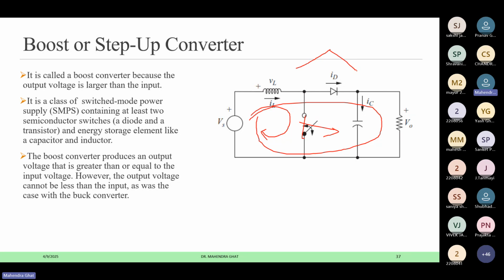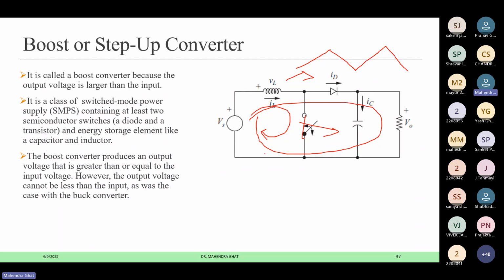Again at this instant, we switch on the switch and the current rises, then again it falls. In that way, here also you get a similar inductor current as in the previous case, but the paths are different. When the switch is closed you get this path, and when the switch is open you get this path.